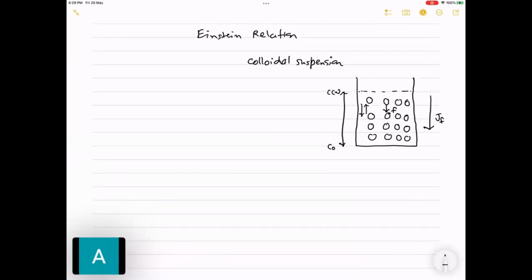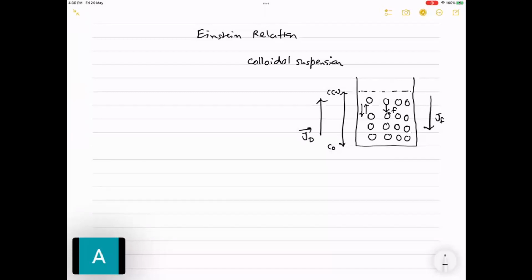These particles are suspended in the fluid, and therefore they will be kicked by the thermal energy from all sides, and therefore whatever is coming down has to be compensated by the flux due to diffusion, right? Only then will the particles not accumulate at the top or at the bottom, if the flux remains balanced.